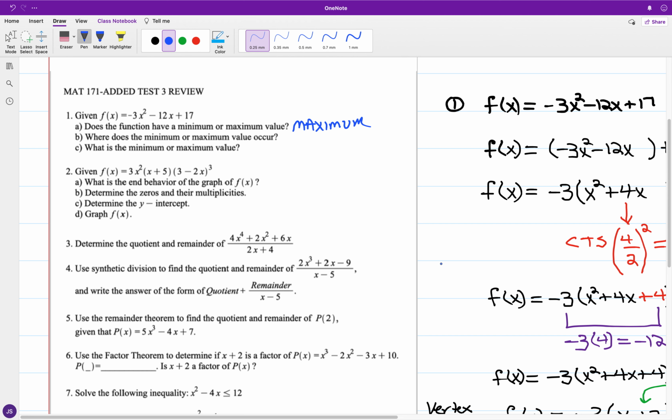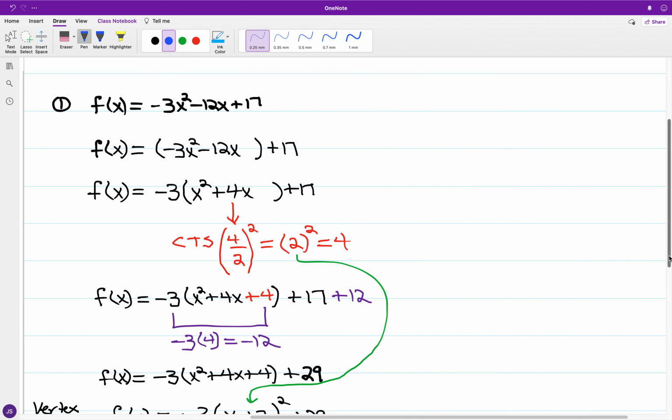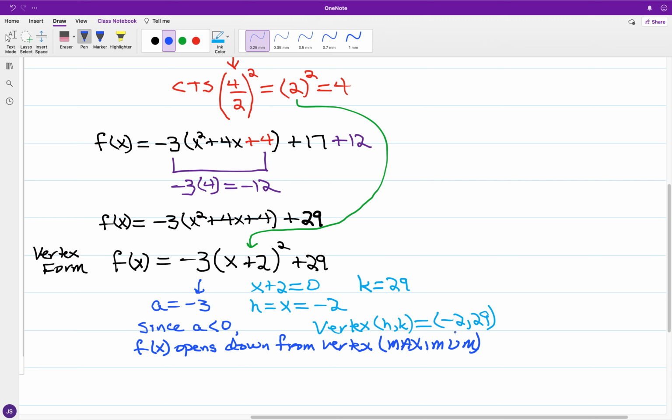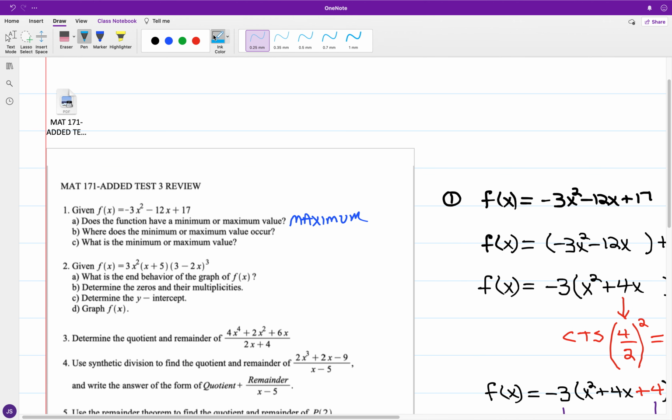And in terms of where the minimum or maximum value occurs, that is going to be the x or h value. So that's going to be at -2. And for the maximum value, that's going to be your y or k value. And so this will end up at 29.